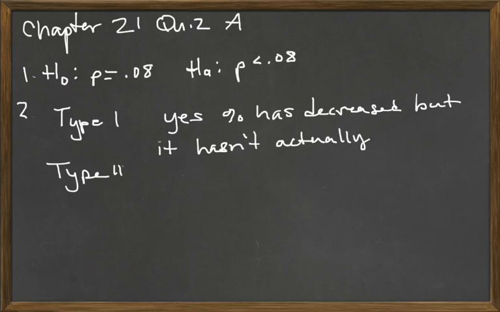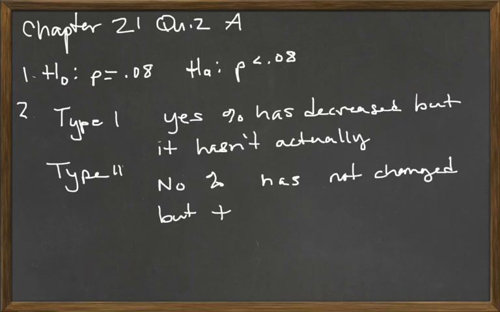It's kind of just the backwards of that, where you say, no, the percent has not changed. And basically what we're saying here is that no, that hasn't changed, my incentive program's not working, when in fact it actually has. But the program works. I apologize for my really sloppy handwriting, but it's really hard to write on this thing.